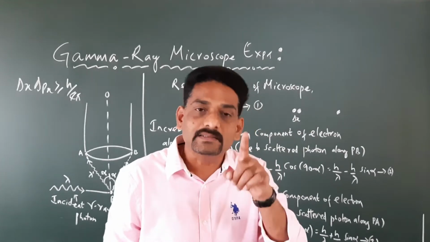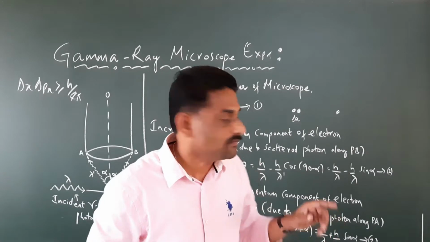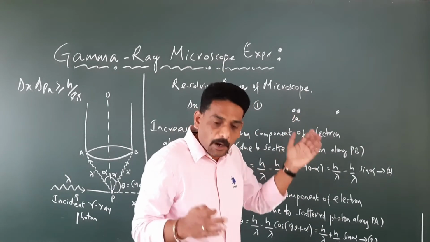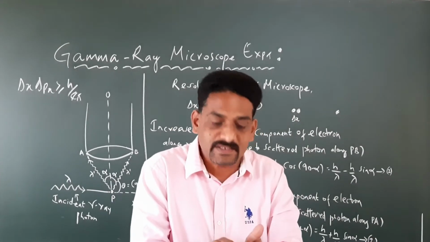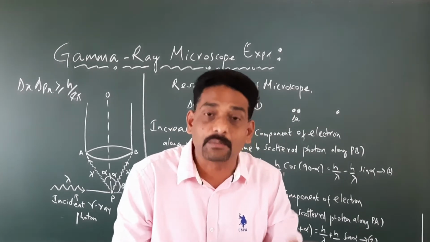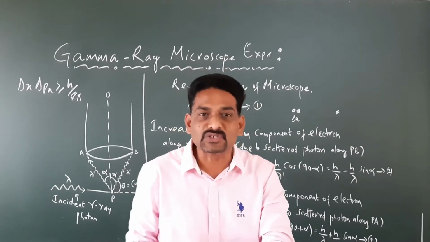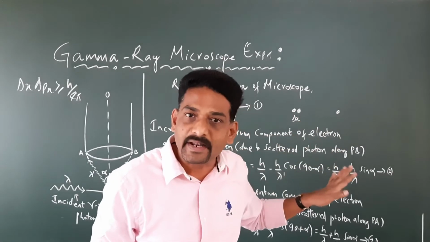But again there is a limitation. Even for a compound microscope, we can keep on decreasing this distance only up to a certain level. Up to that level we can see two separate objects, but after a certain limit, even with a compound microscope, we cannot see these two objects as separate.